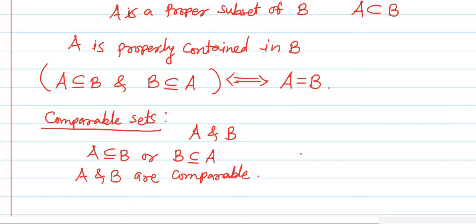And from this definition, it is clear that two sets A and B are non-comparable if A is not a subset of B as well as B is not a subset of A.